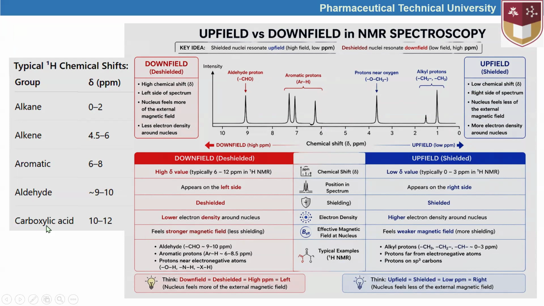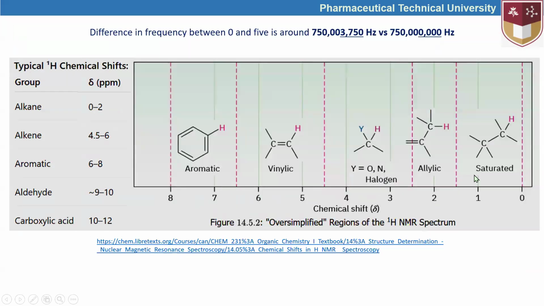Okay, and in carboxylic acid, the chemical shifts are observed between 10 and 12. And these are examples: in saturated hydrocarbons, the signals belonging to the hydrogen are located between 0 and 1.5, for example.